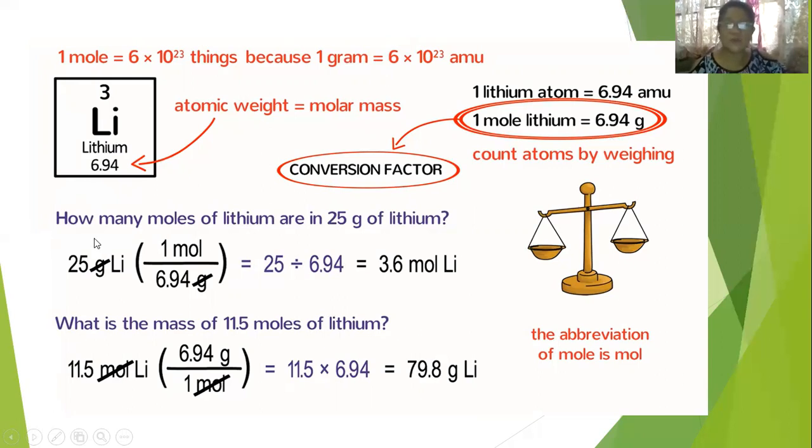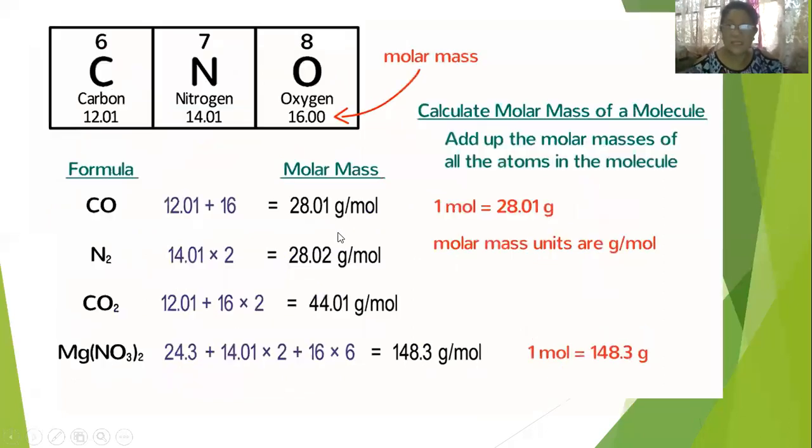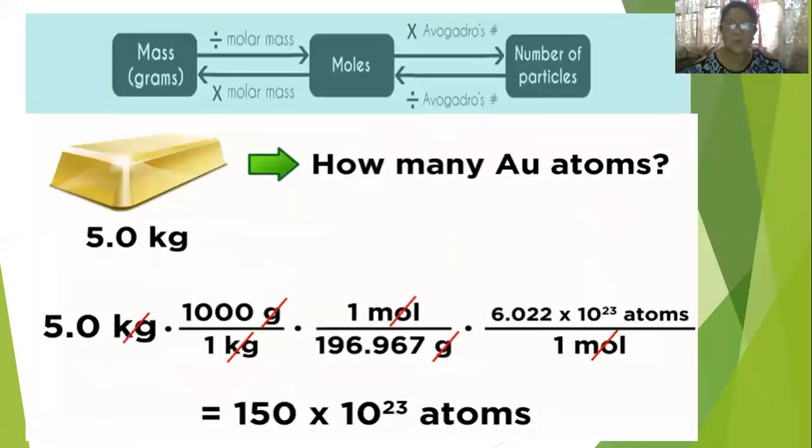So, for instance, we have an example here. How many moles of lithium are in 25 grams of lithium? Okay. In calculation, you should always start with the given. But before that, let me show you this way.